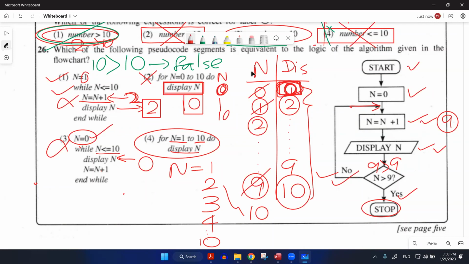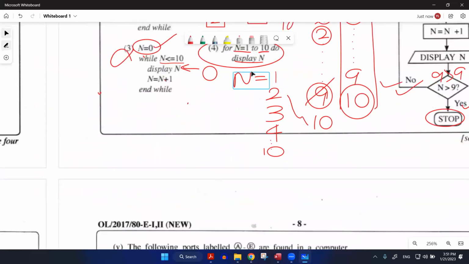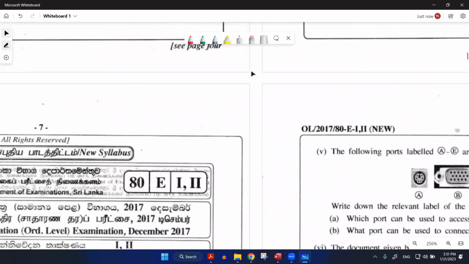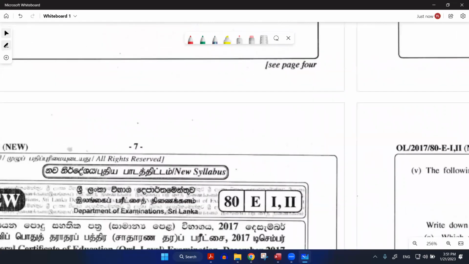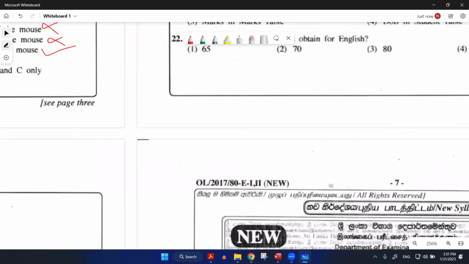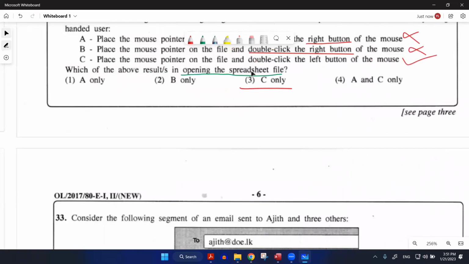Right. So 27th. Where is 27th? Now it is at the bottom. Let me see. Yeah. It's 30 minutes. You don't do that.